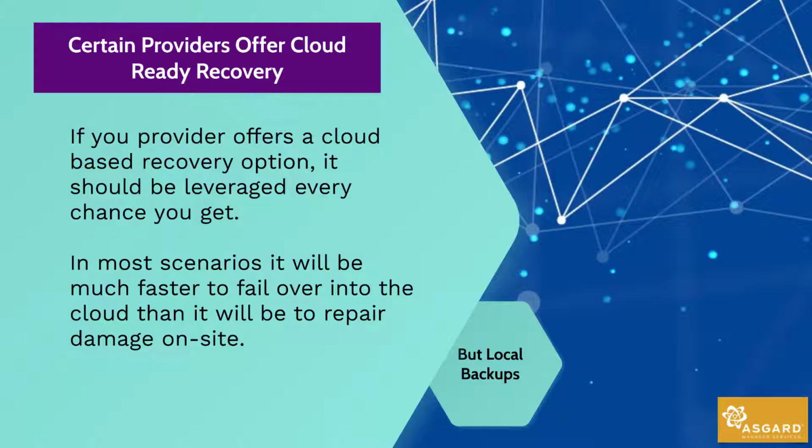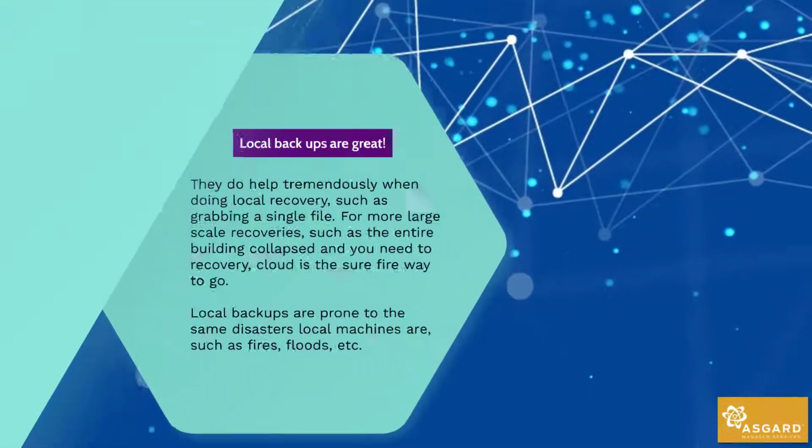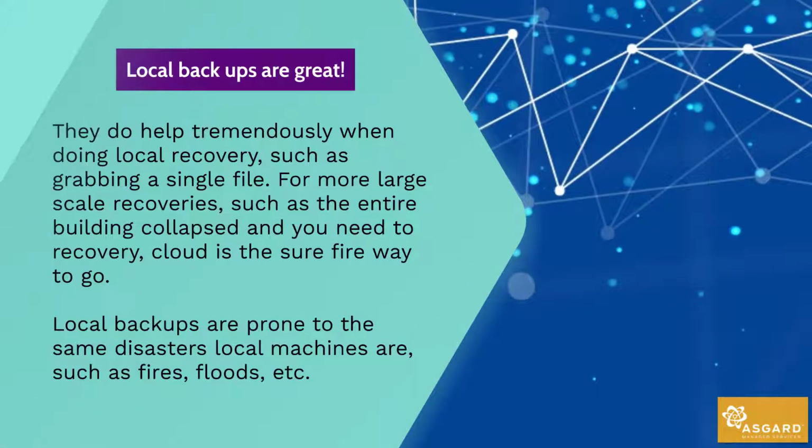In most scenarios, it will be much faster to fail over into the cloud than it would be to repair on-site damage. But what about your local backups? Local backups are great, and they do help tremendously when doing local recovery, such as grabbing a singular file. For more large-scale recoveries, though, such as your building collapsed and you need to recover, cloud is the surefire way to go.